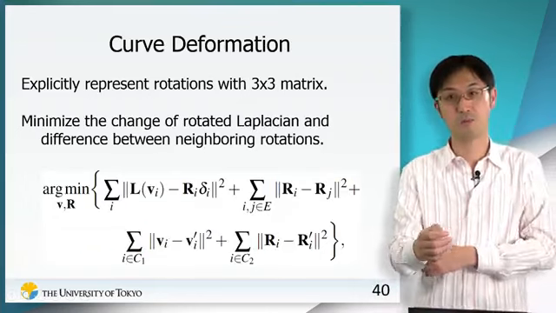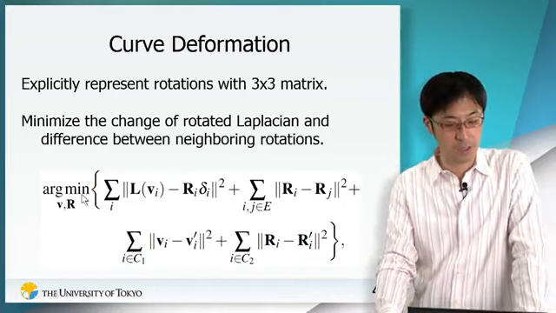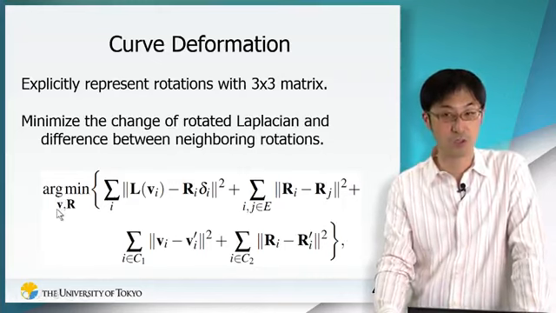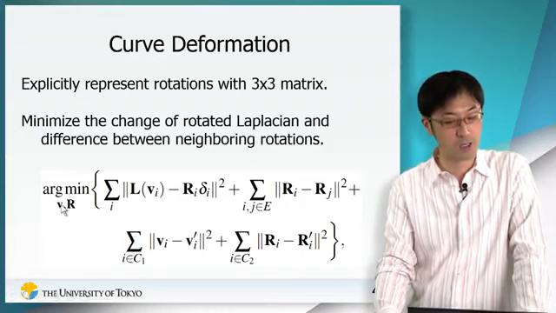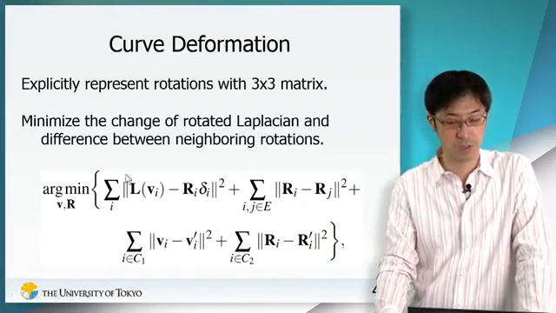Please refer to the paper for the details. But briefly, what we do is minimize this functional by moving around vertex positions and edge rotations. So we try to find very good, smoother vertex positions and edge rotations that minimize this.